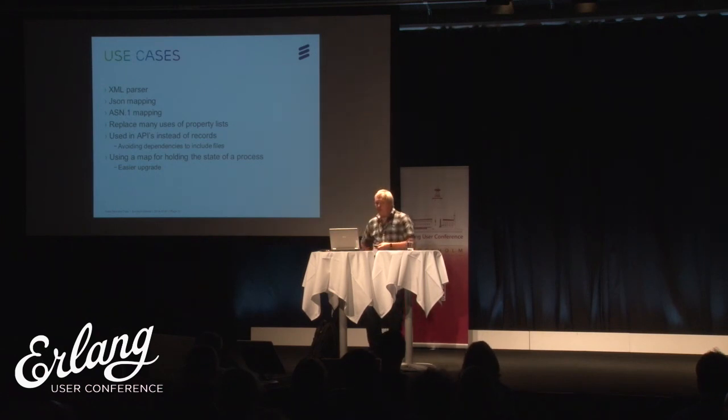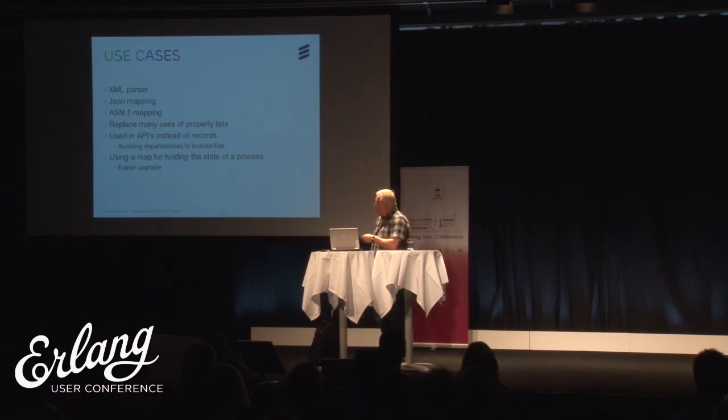Okay, what are the use cases for maps? Here are some examples. You can represent things out from a parser with maps, for example an XML parser. We don't have it yet, but it might happen sometime. JSON is a very common thing that you could map with maps. ASN.1, similar. Today the mapping is towards records there.